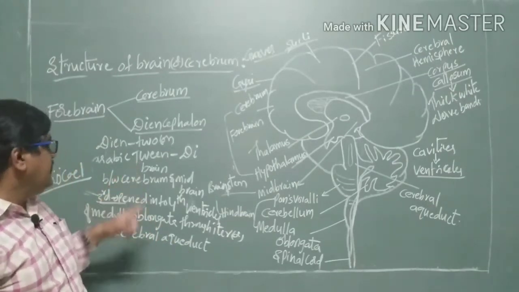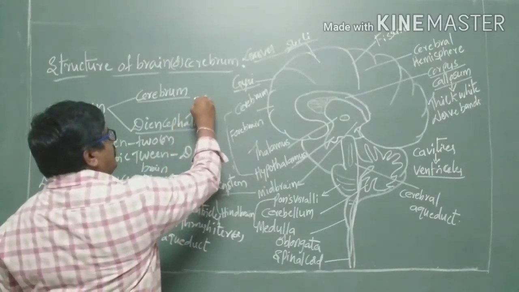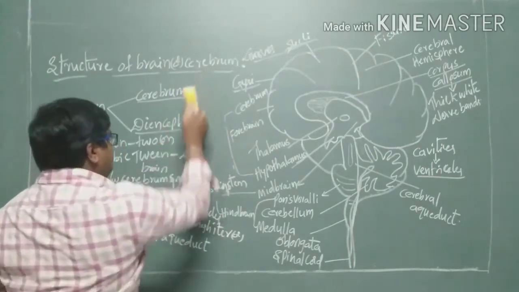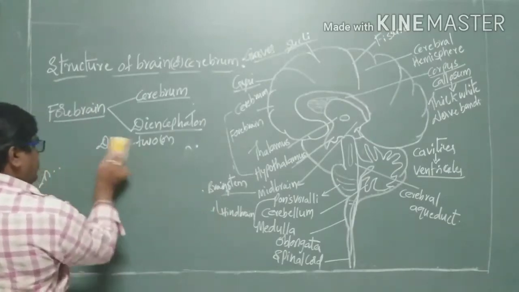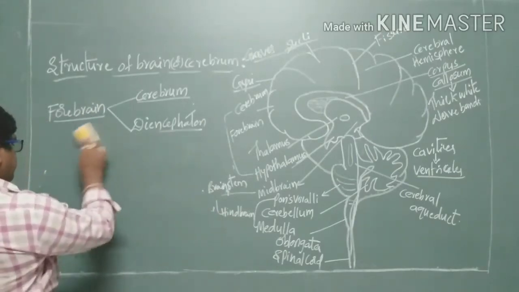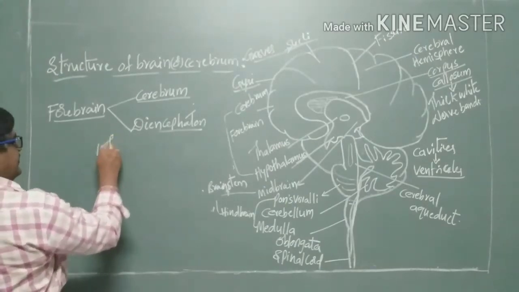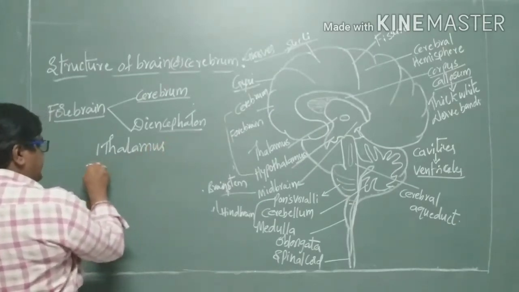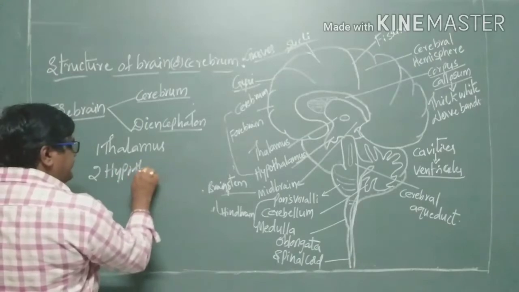The diencephalon is differentiated into two regions. The first is called the thalamus, and the second is called the hypothalamus.